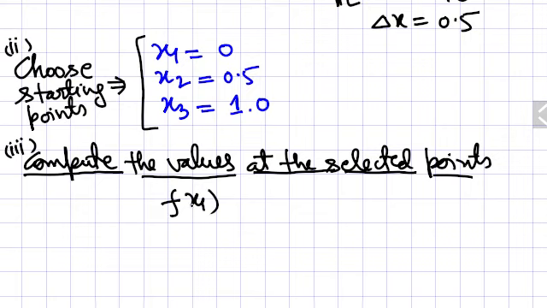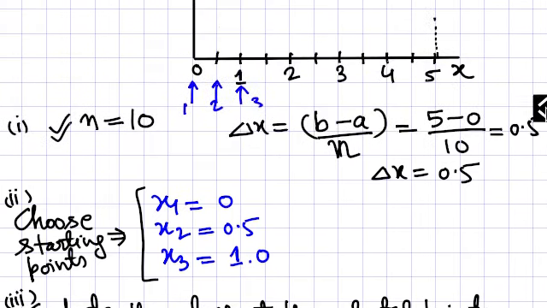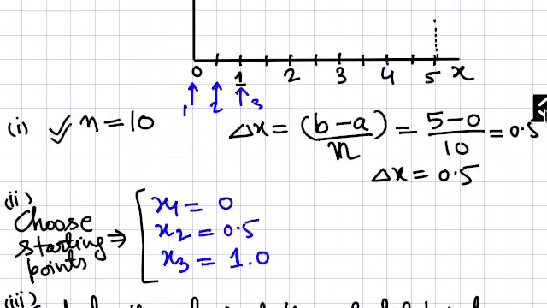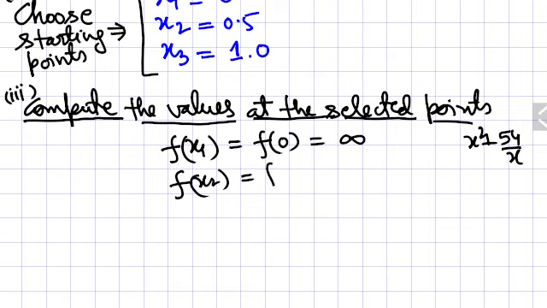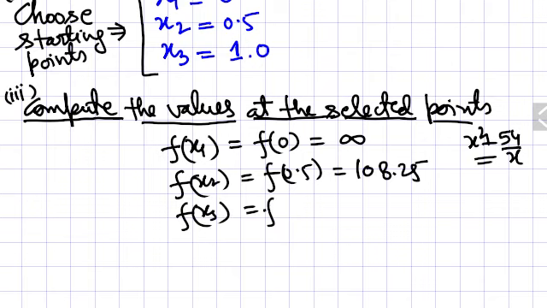If you put 0 in this function, x square plus 54 by x, it will give you infinity. The second point is 0.5, and if you put it in this function you can compute it, and the third point will give you the value 55.0.